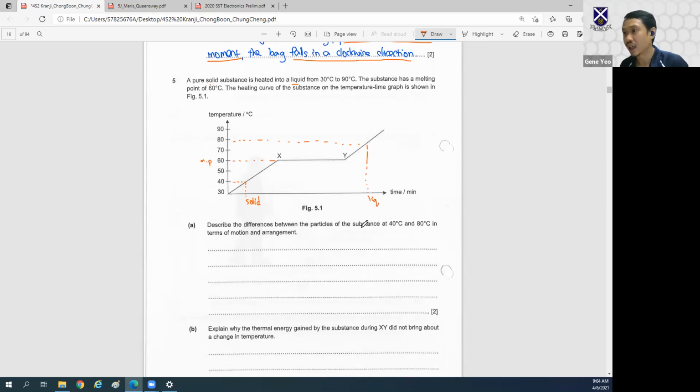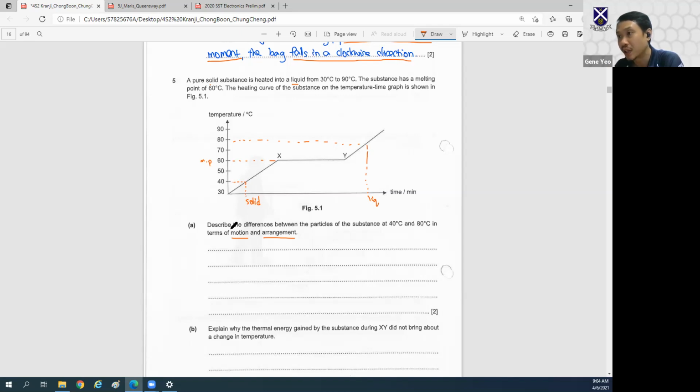So basically what they're asking you is to talk about the differences in particle motion and particle arrangement between solid and liquid, okay? So you need to talk about two things. One, the motion, and two, the arrangement. Okay, so I know that solids are vibrating in place, right? Because they are stuck in a fixed position.